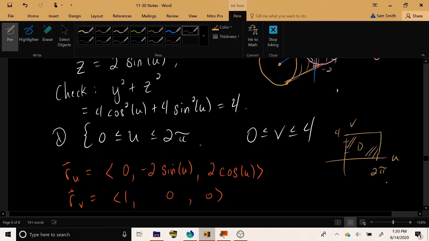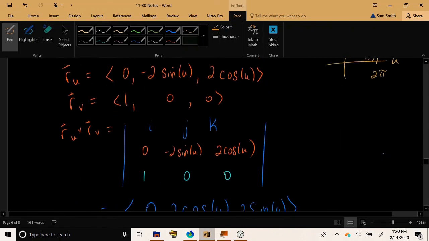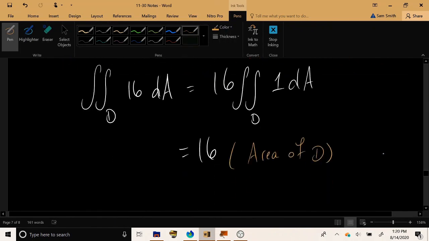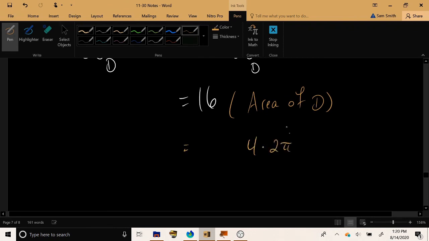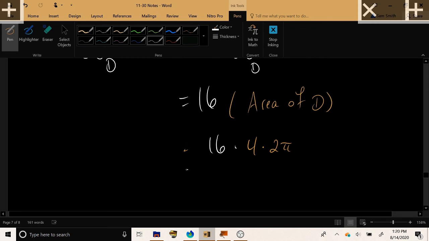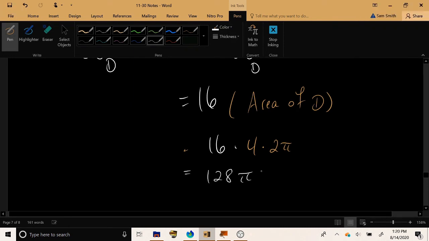So to find the area of this rectangle, we can just multiply length times width, 4 times 2 pi. And we get 16 times 8 pi, which is some number. I think it's, 128? 128 pi.